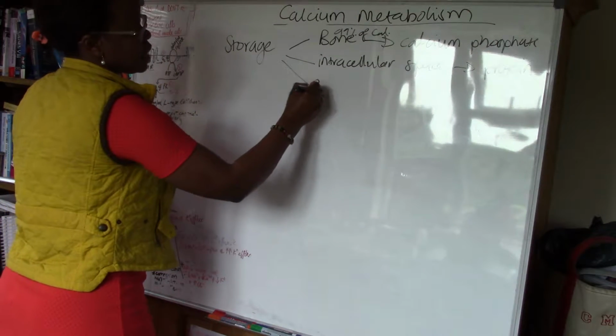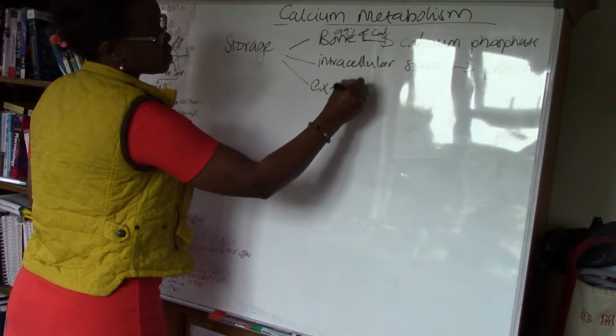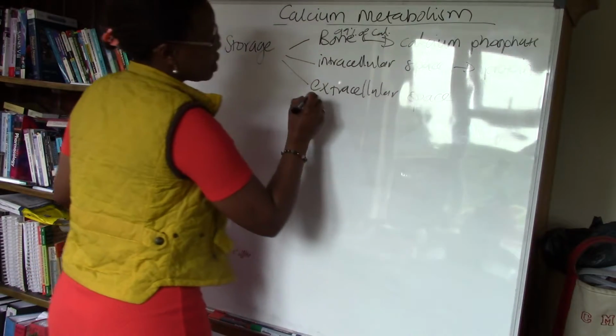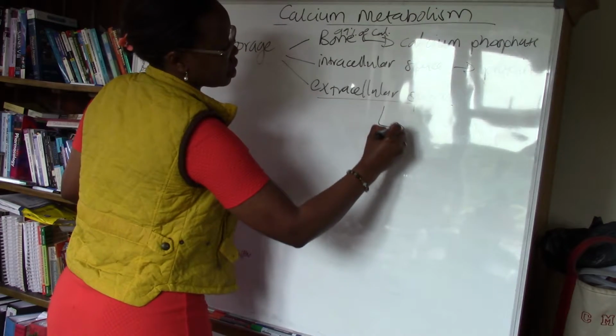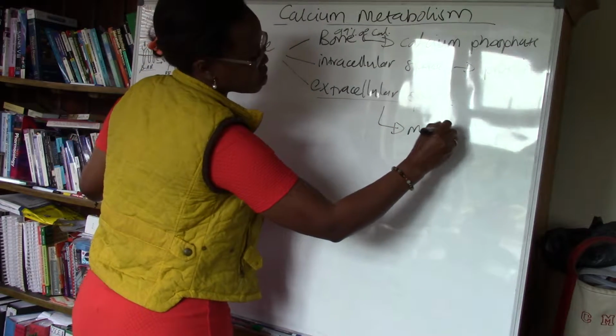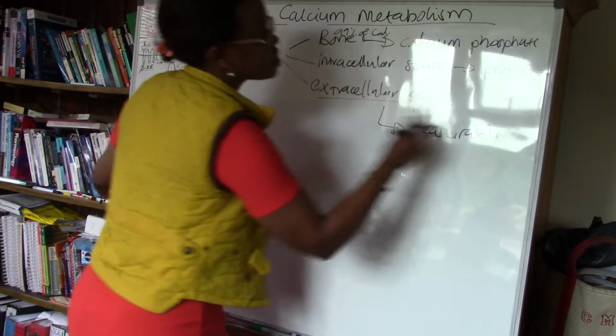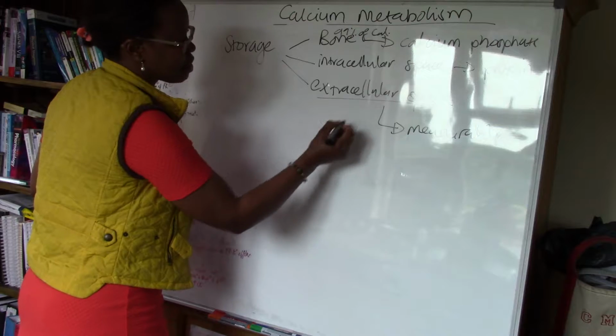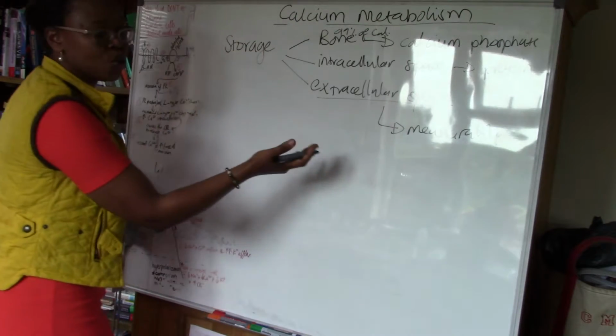It's also kept in the extracellular space, and normally this is the calcium that we can measure. So this is measurable, and this is readily available calcium that can then enter the cytosol for use.